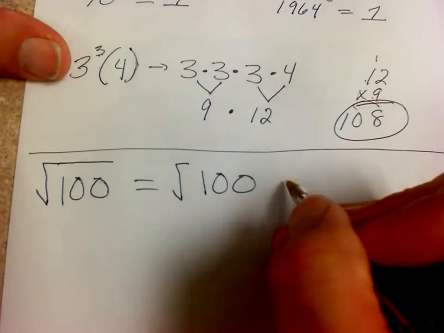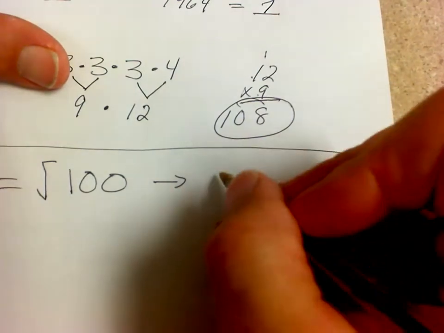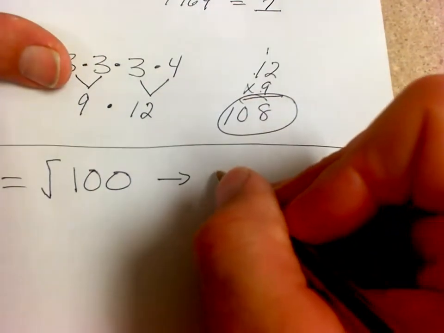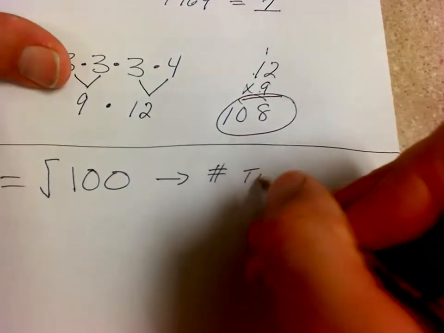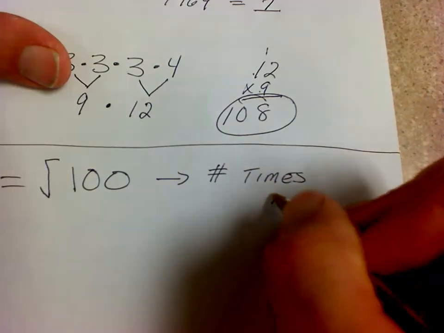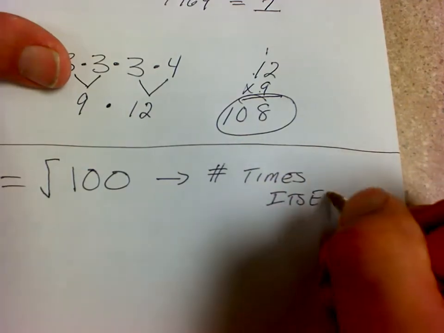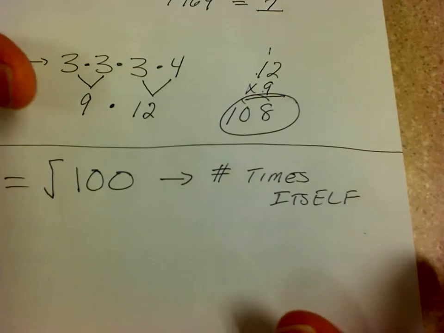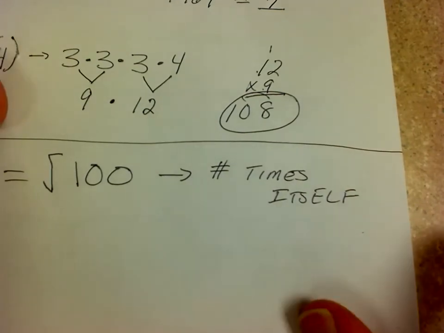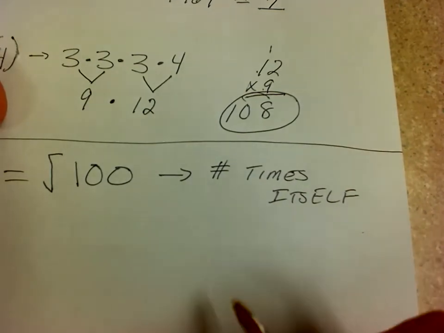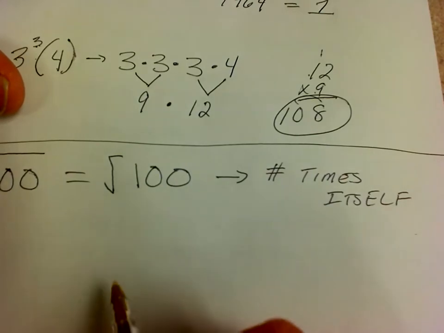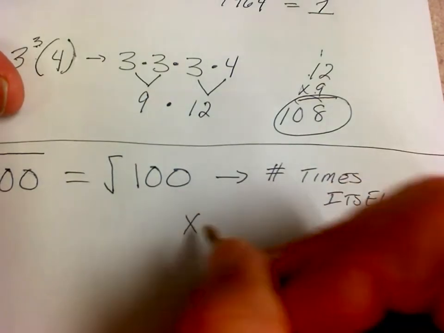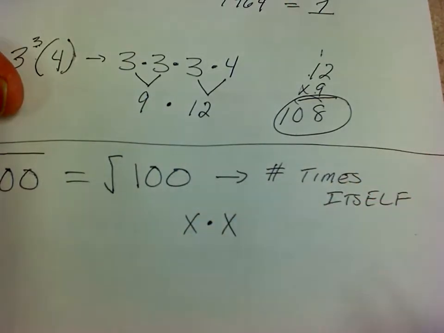Now, square root is all about knowing your times tables. What number times itself? That's the simple definition when it comes to square root. If I'm looking for the square root of 100, I want to know what number times itself equals 100.